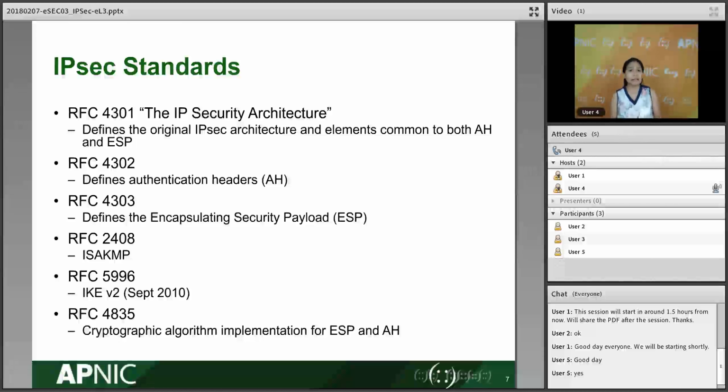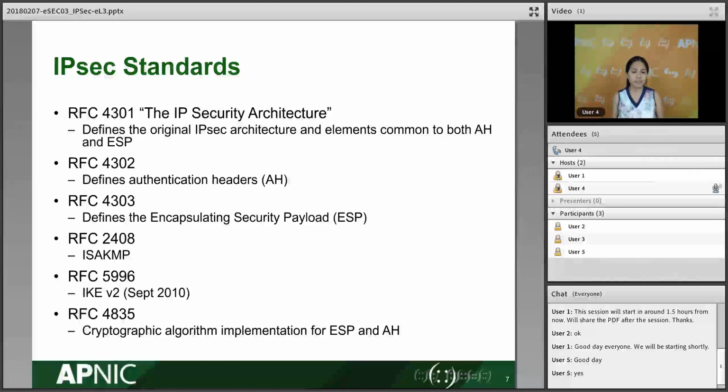These are the IPsec standards that you have to be familiar with when you talk about IPsec. Actually, this list is already the updated iteration. I think the initial RFCs, if you want to see the very first ones, are in the 2300 series. The first one is the IP security architecture, how it's all defined, how the architecture plays together and how the different components work alongside each other. Different elements that are used are also defined here. You mentioned in the previous slide that the two components are AH and ESP.